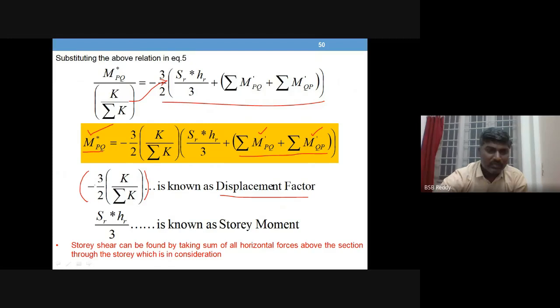Displacement factor is defined as minus 3 by 2 k by sigma k. And story moment in the process of derivation, we have got R H R by 3, which is taken as story moment. Okay, so these are the expressions required in the process of derivation. These terms we will be using in the iterative process.